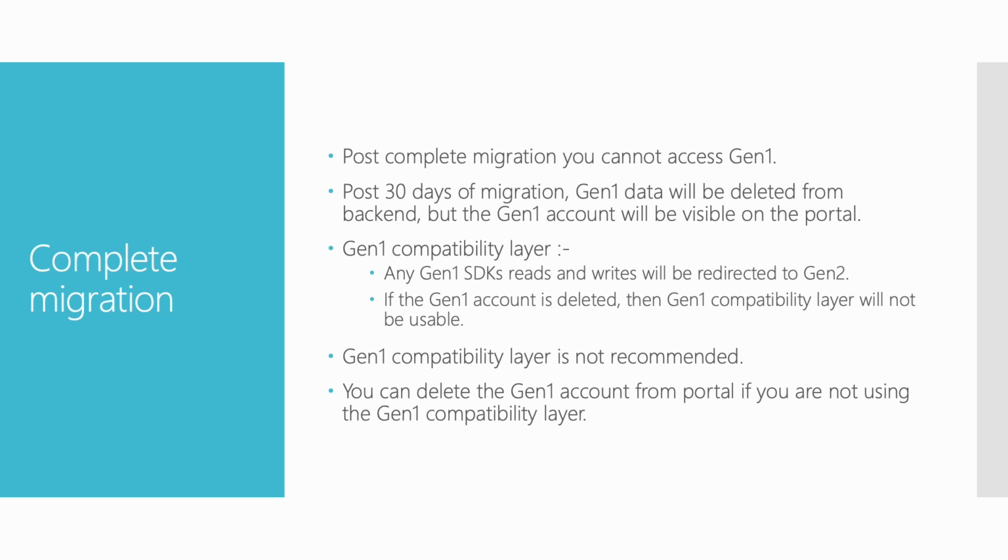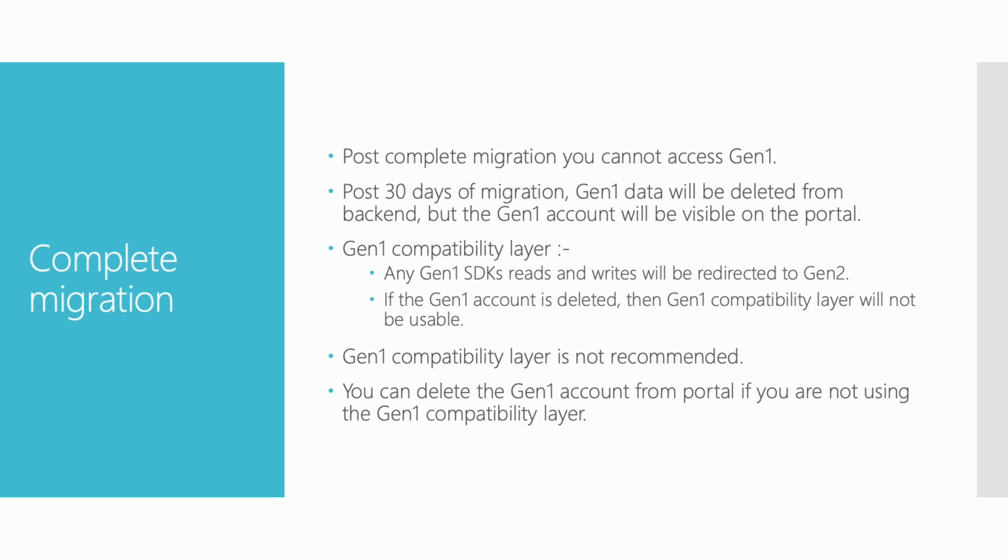As we see here, these are the various SDKs and versions which are not compatible with the Gen1 to Gen2 compatibility layer. If you're using any of the .NET, Java, or Python SDKs, then its version has to be more than the version described here.